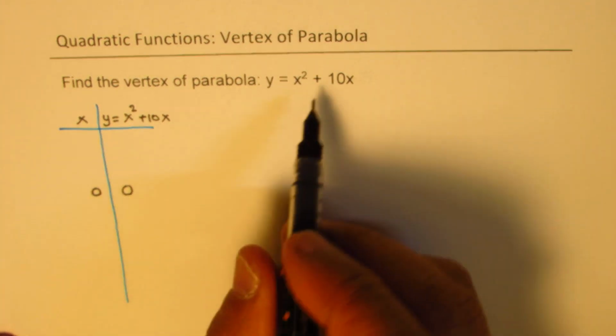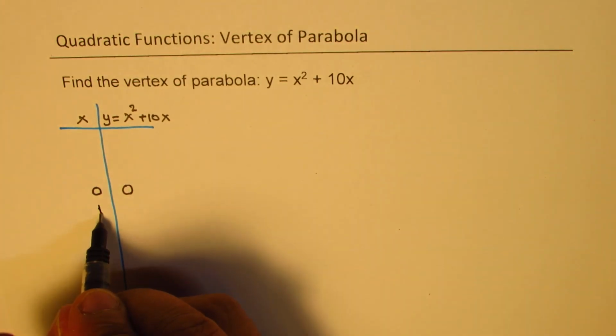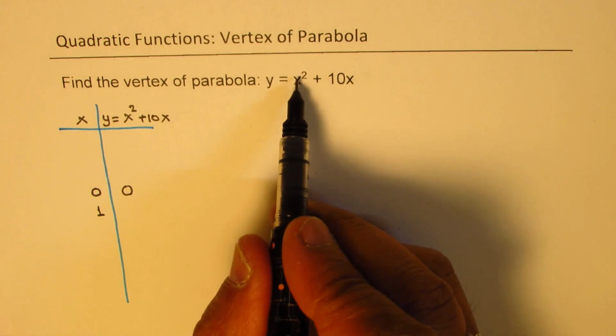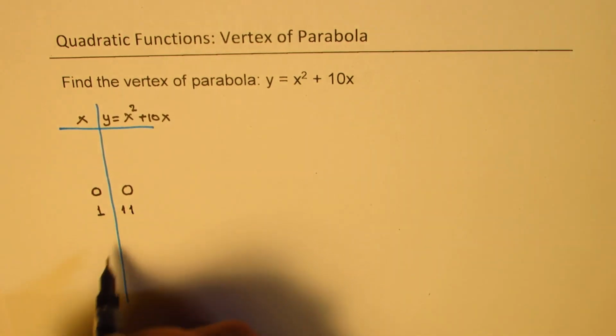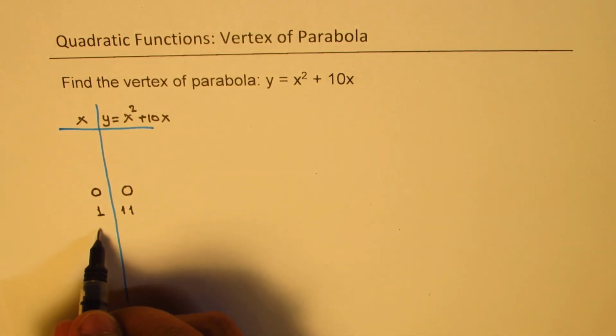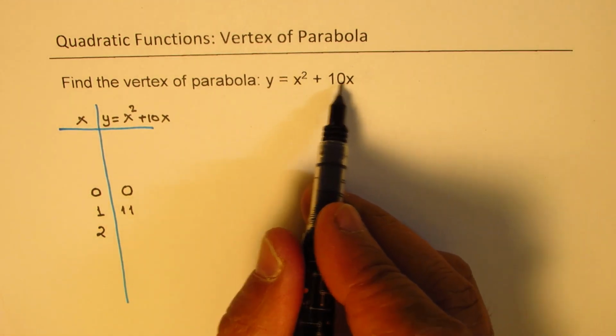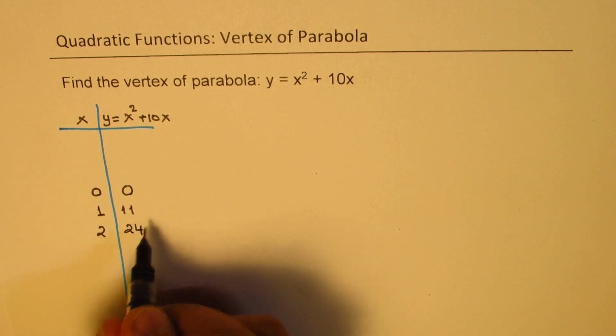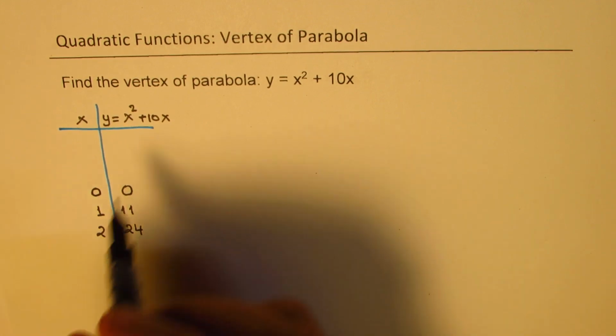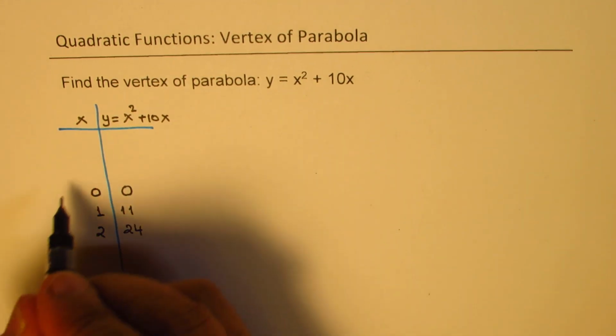Now if I substitute a positive 1, then we get 1 plus 10, which is 11. And if I substitute 2, then we get 4 plus 20, which is 24, correct? So pretty high value. So let's try the negative values.